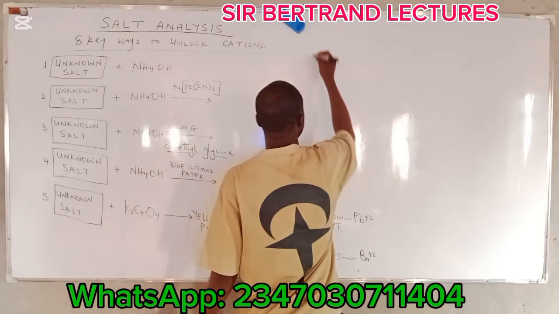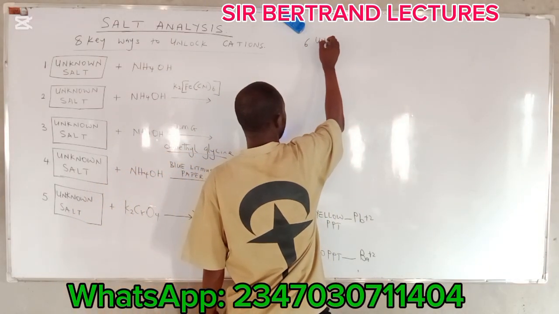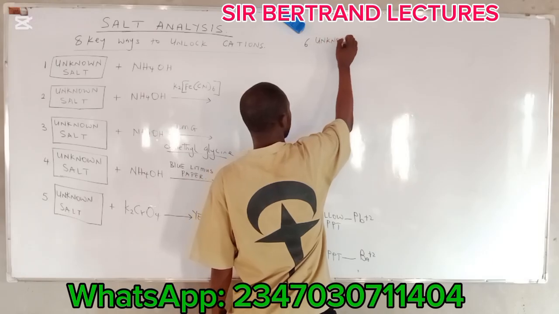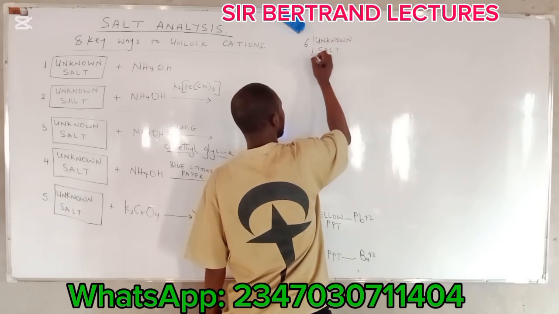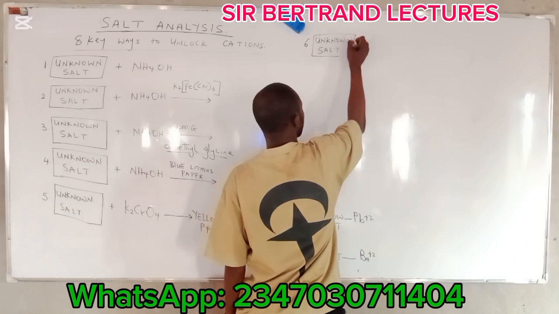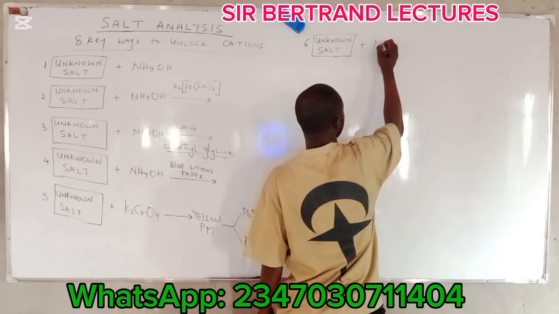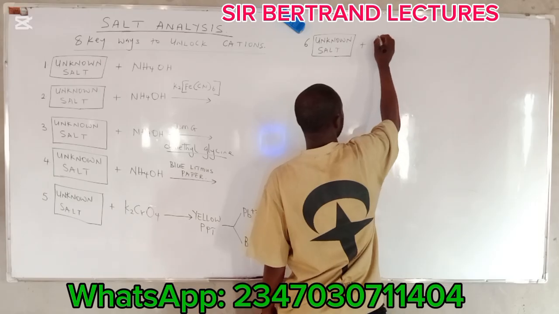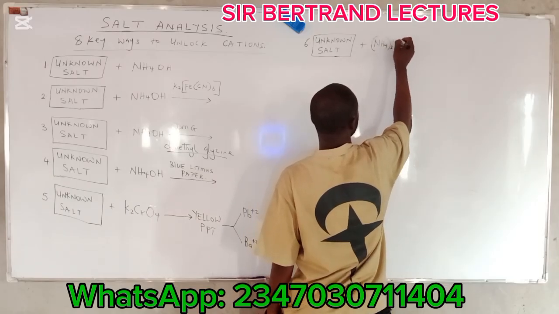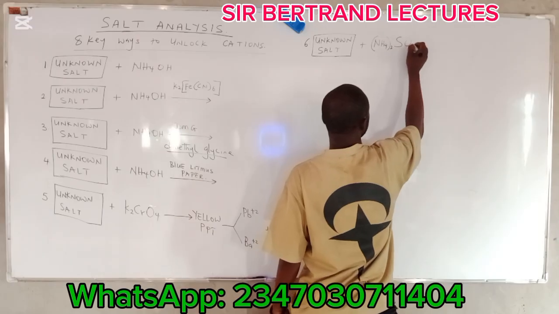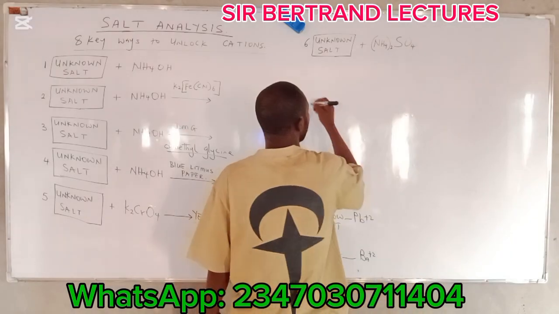After the fifth one, the sixth one will be here. To an unknown salt sample, you add ammonium sulfate salt. All right?